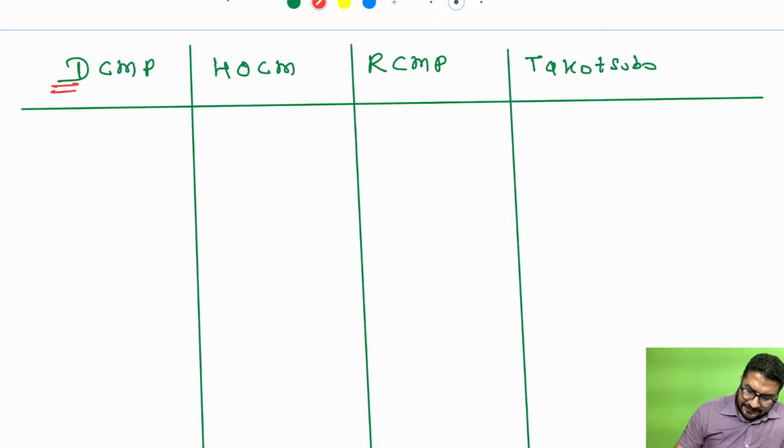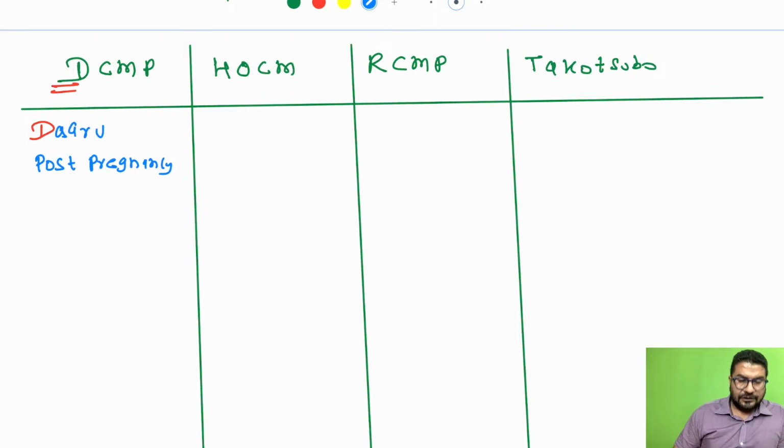In dilated cardiomyopathy, the most common cause is alcohol. What are other important causes to remember? It could be postpartum or post pregnancy. Sometimes it can also occur during pregnancy, so postpartum or peripartum.